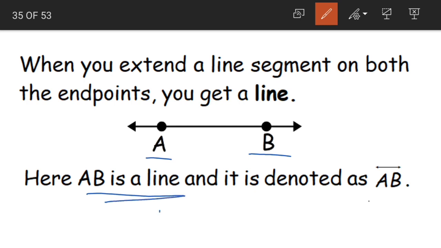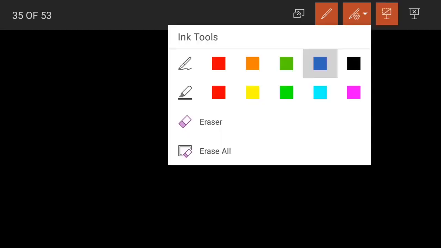And how do we denote AB? Upon AB we draw a line and then arrow marks on both the ends. So this is nothing but line AB. See children, if we have just two end points, then this will be line segment AB.